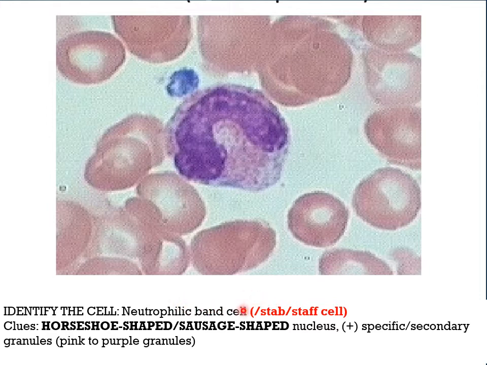Okay. Pare-parehas lang yan, band, stub, or staph cell. And again, still meron pa rin tayong mga secondary or specific granules. And dito sa picture na to, ano ang kulay ng granules natin? Halos pink to violet. So, neutrophilic band cell ngayon itong picture na to.